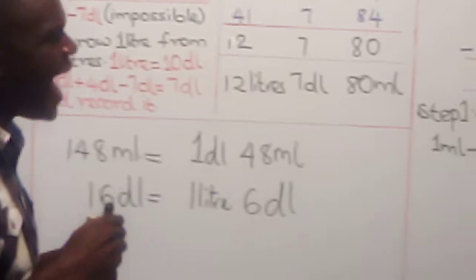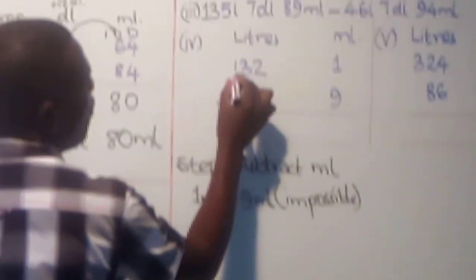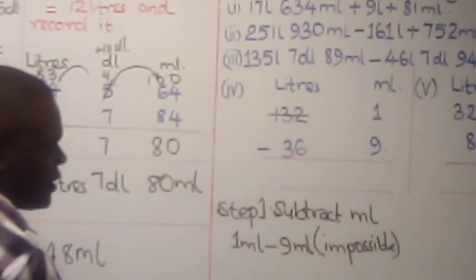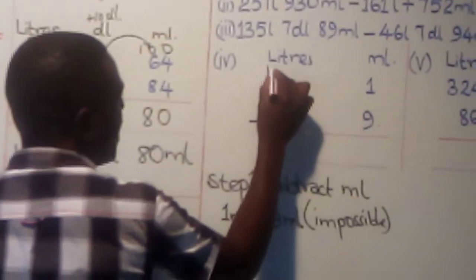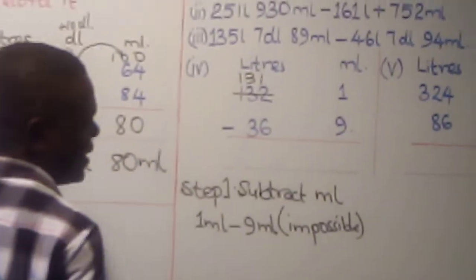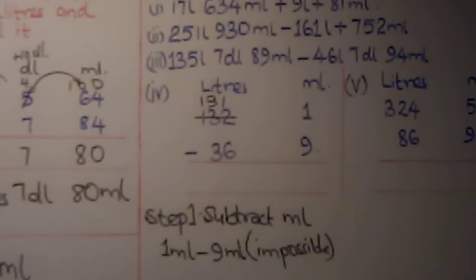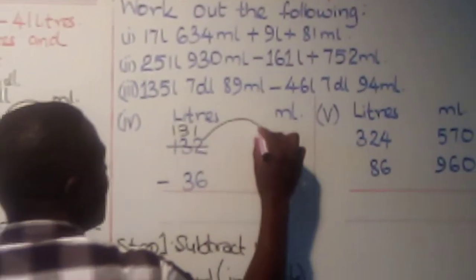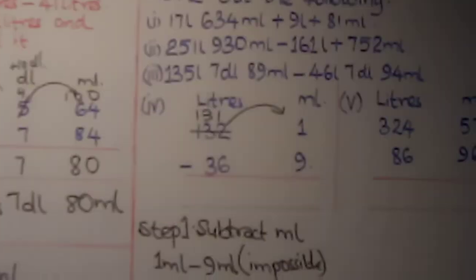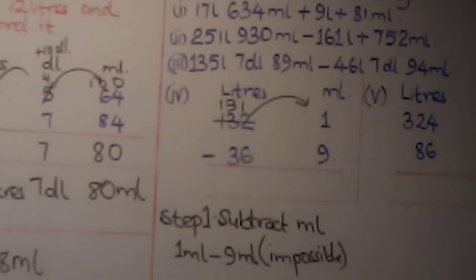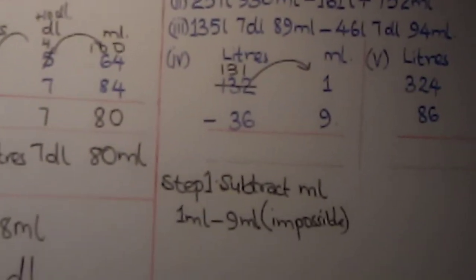Remember, we are borrowing 1 liter from 132 liters. We will remain with 131 liters. That 1 liter crosses to the other side. 1 liter goes to the milliliters. Now, what does it become?